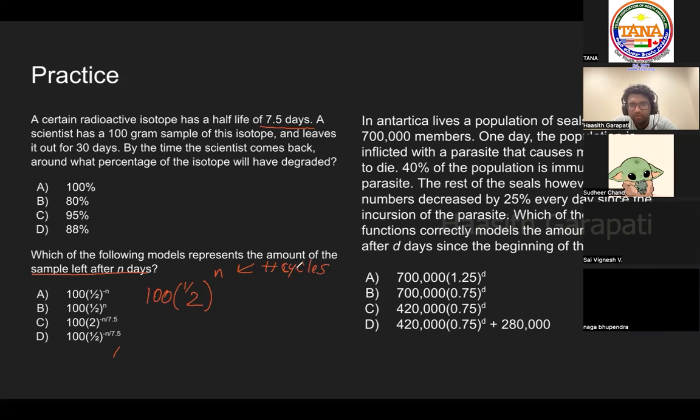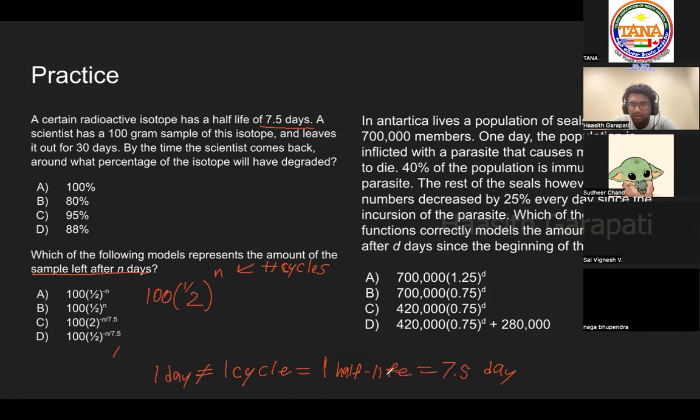Remember how in the previous questions there were time changes like years or days? Like 1 year passes, that's one cycle. In this case, 1 day is not one cycle, because one cycle means one half-life, right? That's what we're basing this on. And one half-life is equal to 7.5 days.